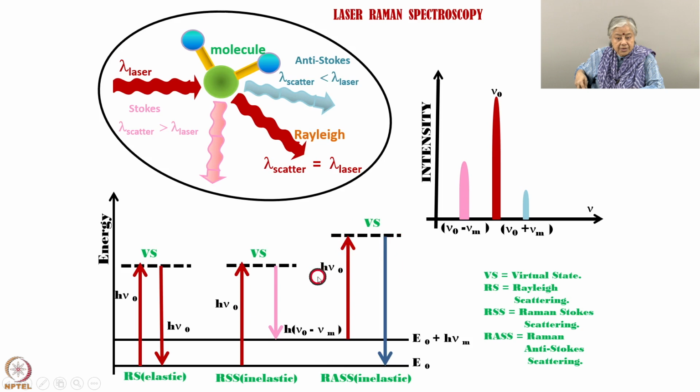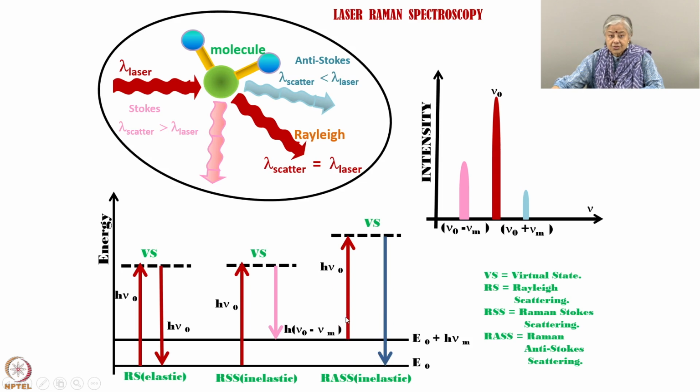It goes up with h nu 0 from an excited state and then it falls down to the ground state. Again it has given you some idea about this vibrational level. How? By just falling down here, and then this energy difference between this and this is equal to this energy difference.